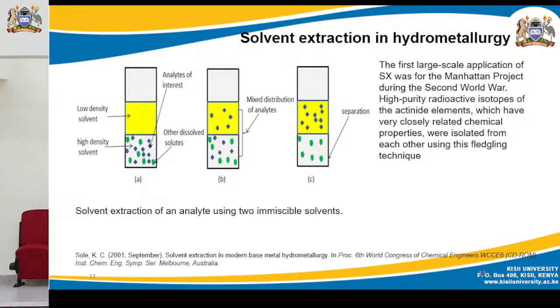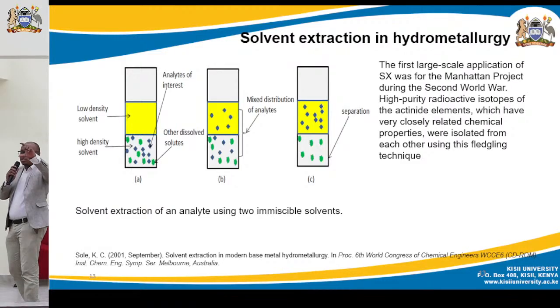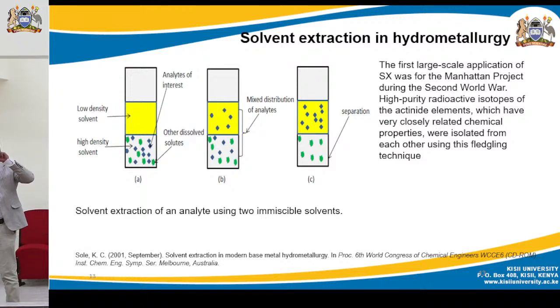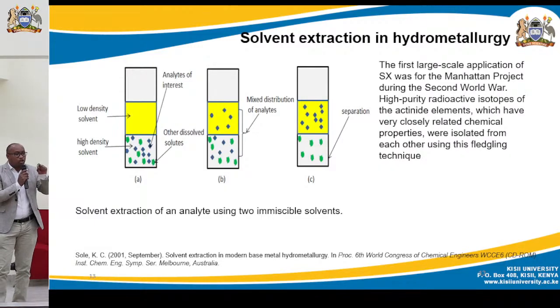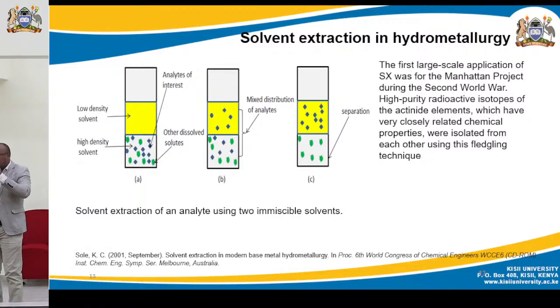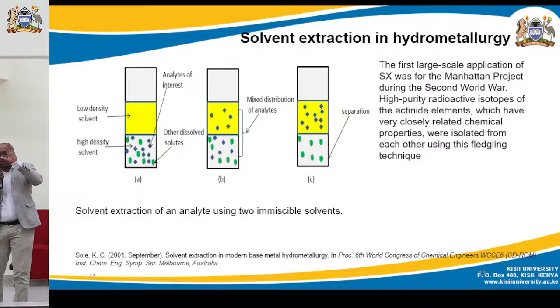If you remember from high school, you would take two immiscible solvents in a separating funnel. This one is water, and this one is any organic liquid like kerosene. That is the very basic technique we are using. What happens is you put this ligand specifically in the organic phase.